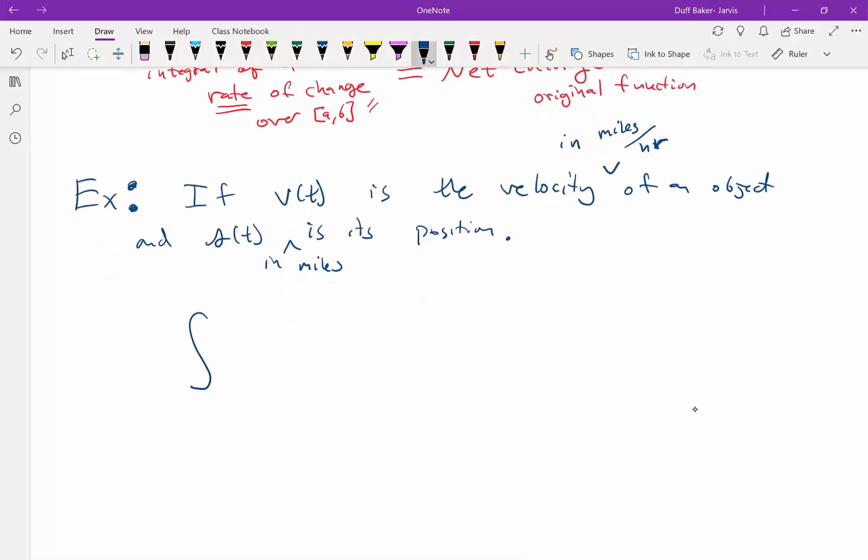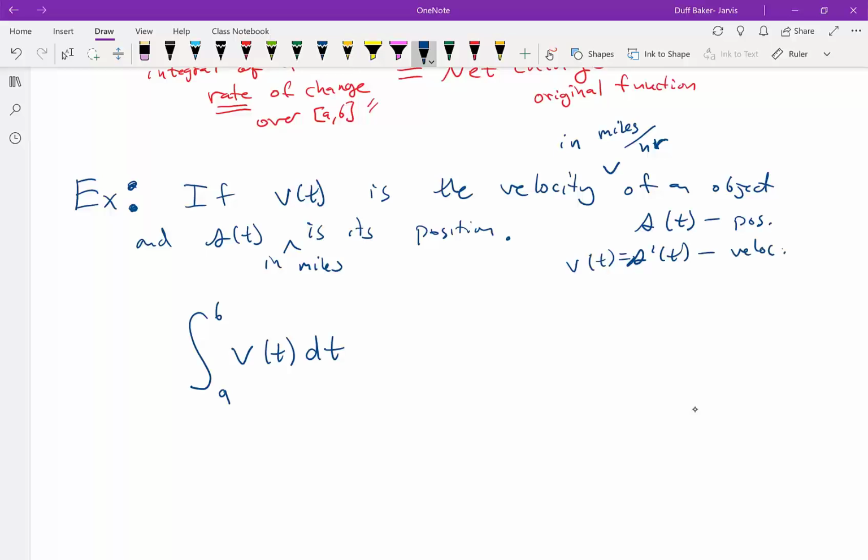Then if I took the definite integral between two time values, so if I integrate the velocity, what do we think should happen? Well, what do we know about the relationship between position and velocity? We know that if we take the derivative of position, that's equal to velocity, right?